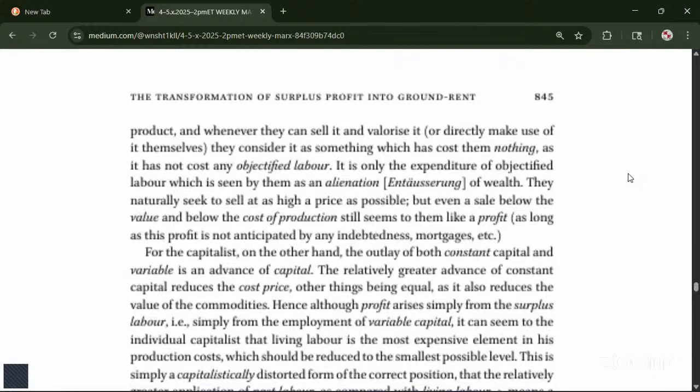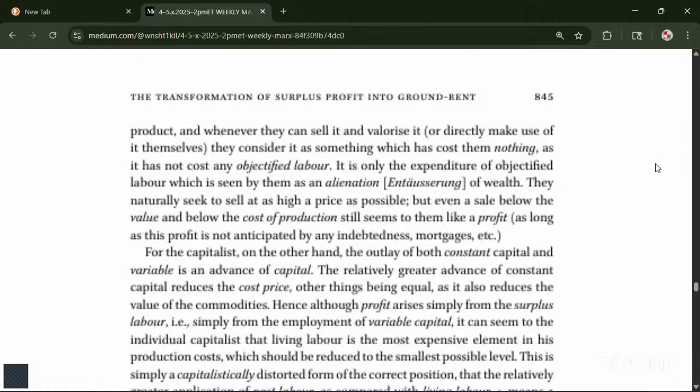The relatively greater advance of constant capital reduces the cost price, other things being equal, as it also reduces the value of the commodities. Hence, although profit arises simply from the surplus labor, i.e., simply from the employment of variable capital, it can seem to the individual capitalist that living labor is the most expensive element in his production costs, which should be reduced to the smallest possible level.